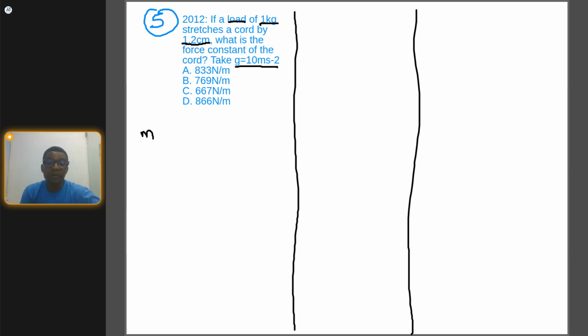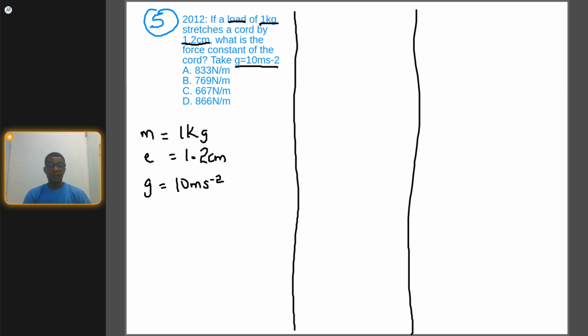So we are given in the question the mass of the load, which is 1 kg. We are also given the extension, letter E, which is 1.2 centimeter, and we are given G, acceleration due to gravity, as 10 meter per second square.